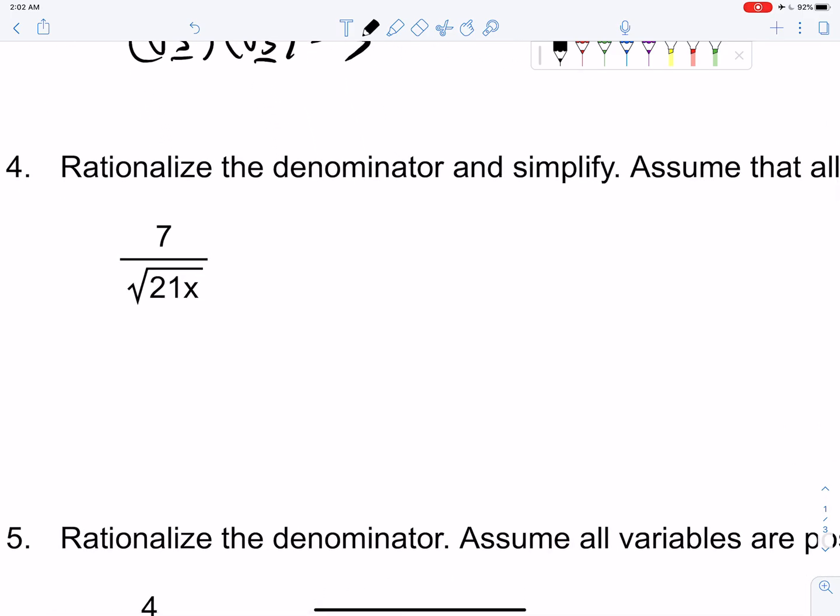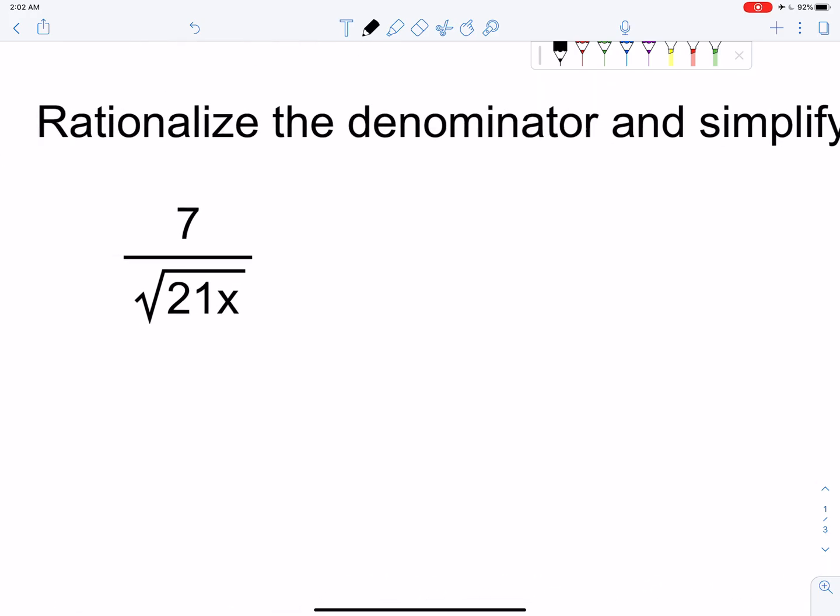When I try to rationalize the denominator, I usually try to simplify the radical in the denominator first, because life can be easier if I can simplify it and make the numbers smaller and easier to work with. But look at that. 3 times 7 is 21, so there's no perfect square in there, so there isn't any simplification that can happen. So I will then remember that this is a square root.